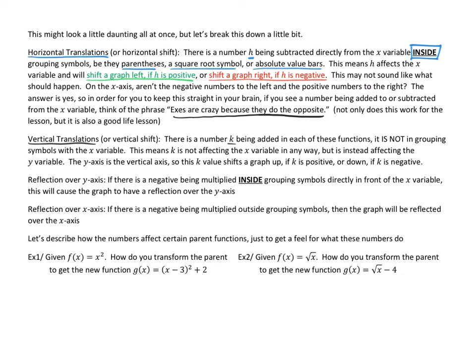They're not grouped up with x, which means the only other variable it could be affecting is the y variable. And if you think about the y-axis, it is the vertical axis. So the k value shifts things vertically. And so it will shift a graph up if the k is positive, and it will shift the graph down if k is negative.